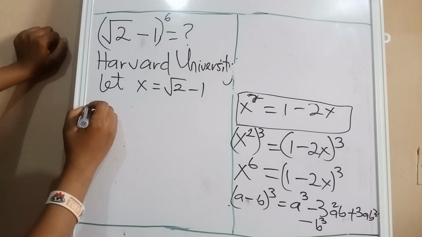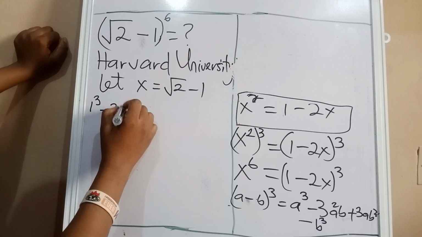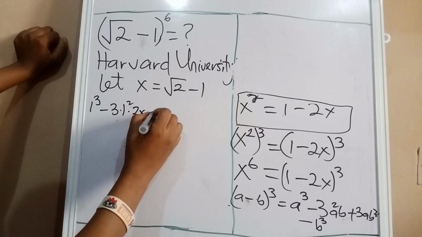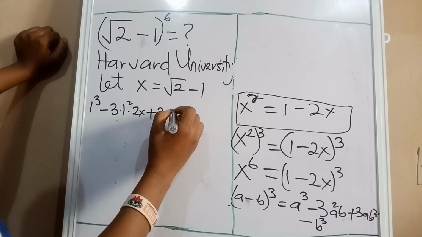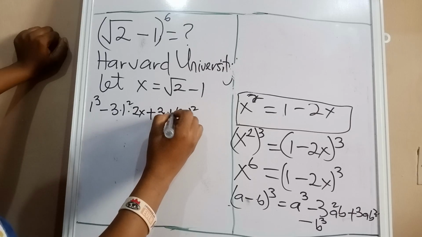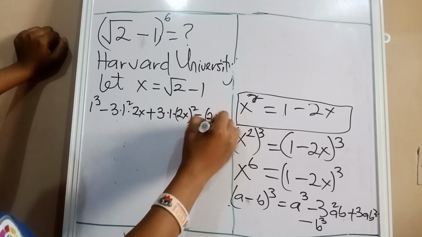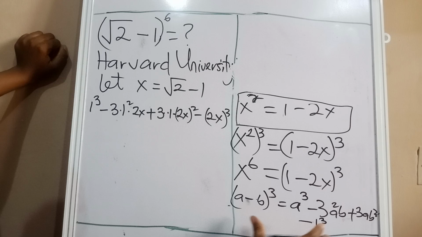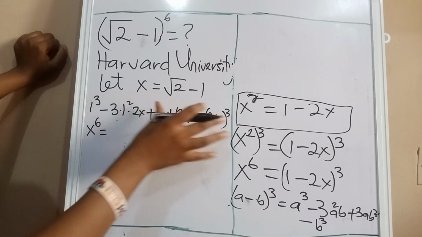So from here we start: 1 cubed minus 3 times 1 squared times 2x, plus 3 times 1 times (2x) squared, minus (2x) cubed. Alright, so remember that this is what we are expanding. We have x to the power of 6 equal to all of this.